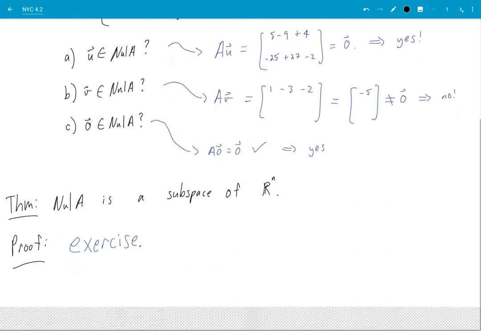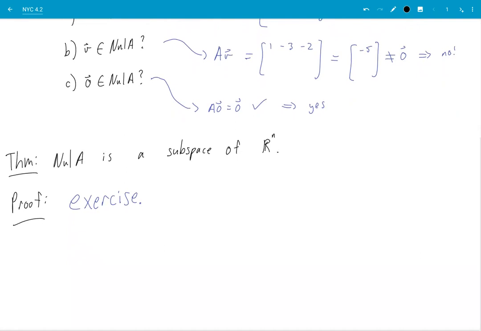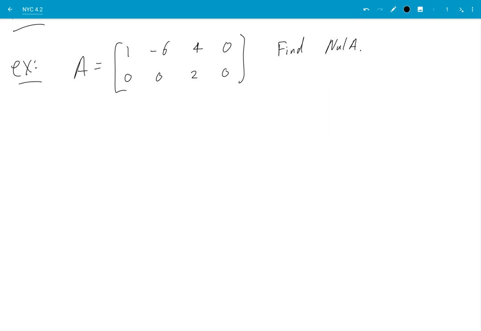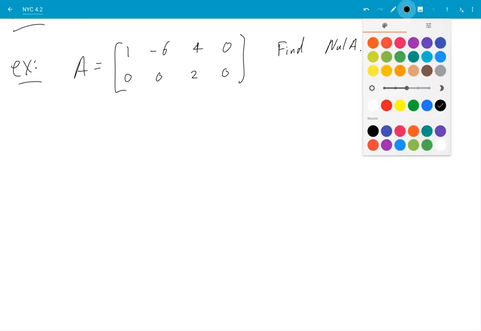Now we'll talk about finding a null space given a matrix. So if I give you the matrix 1 minus 6 4 0, 0 0 2 0, I'll just say find null A. Describe it to the best of your abilities.